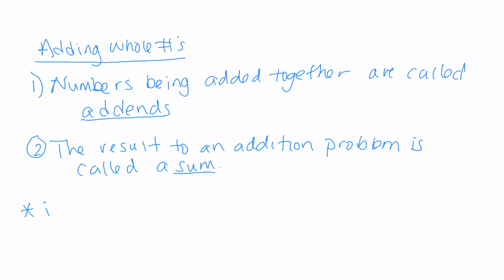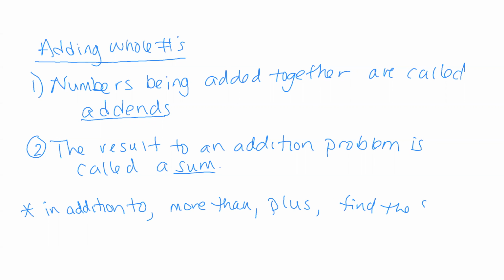So words or phrases would be in addition to, more than, plus, find the sum. Okay, those are just a few examples. You could have something like extra. All right, any kind of word that would indicate that you're piling something on.